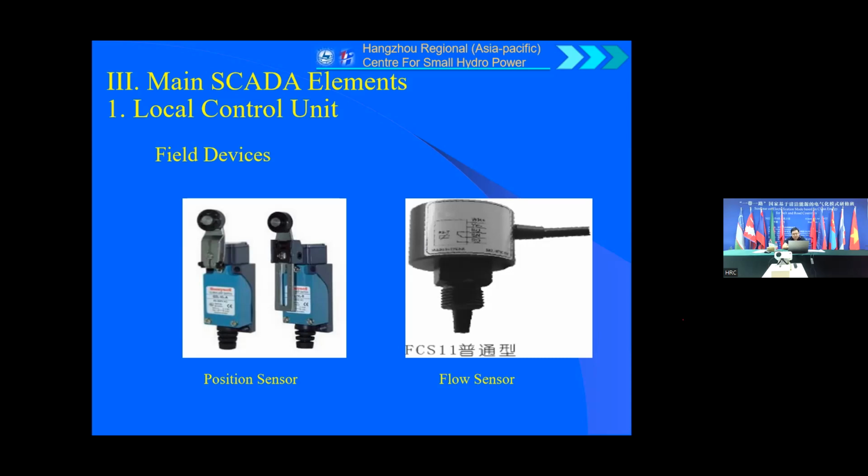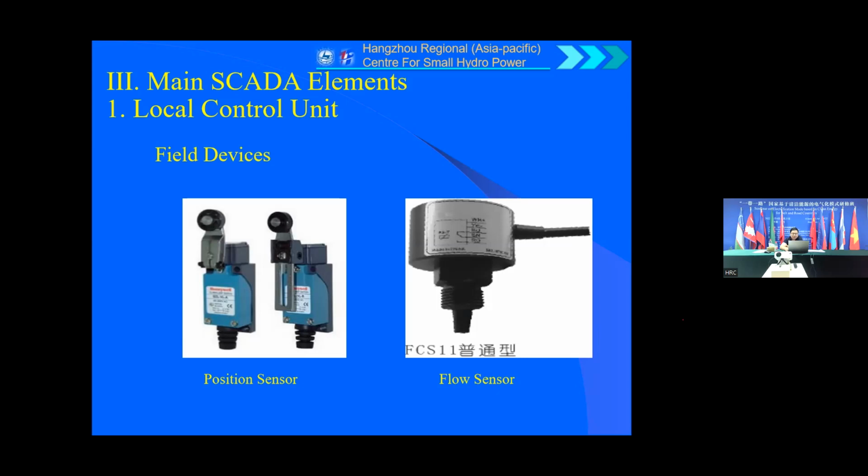For example, when we open the gate of the forebay, and the gate reaches this position sensor, we can see the fully open status. And when we close the gate and it reaches this sensor, we get a signal that the gate is fully closed.